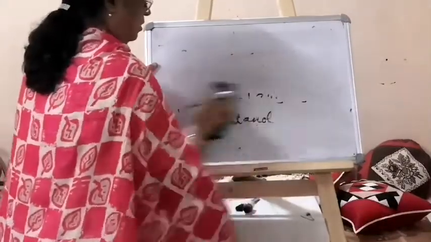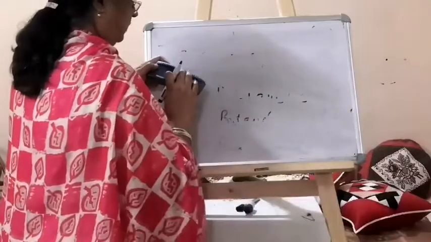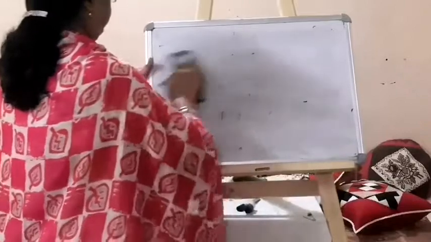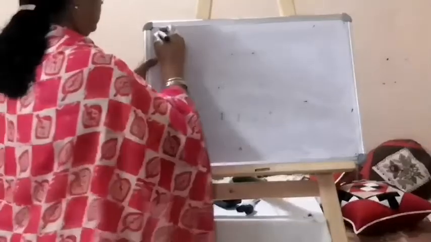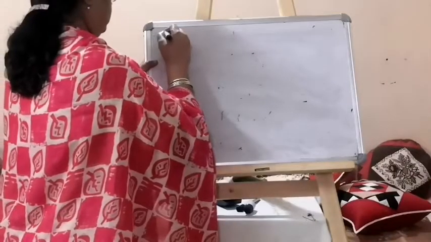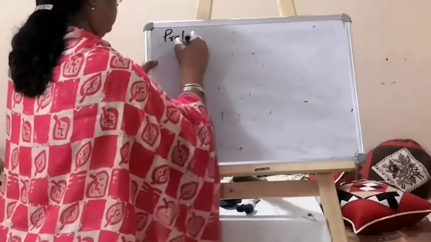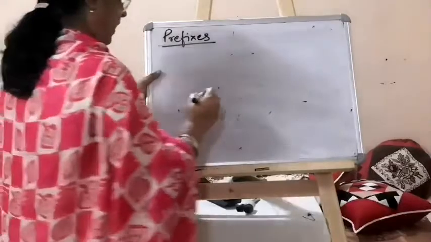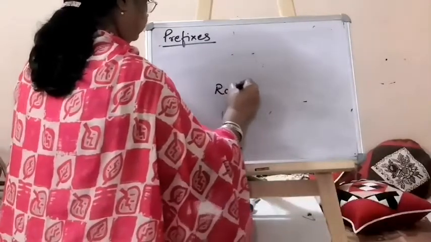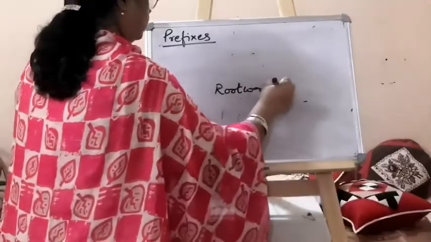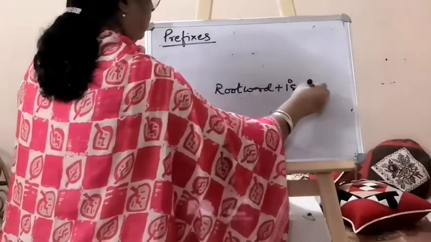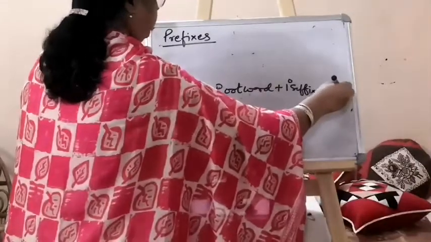Now, the fourth thing is your prefixes. First you find out the root word. To this you add the primary suffix. Then to this you add the secondary suffix.